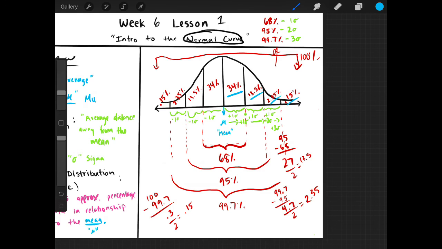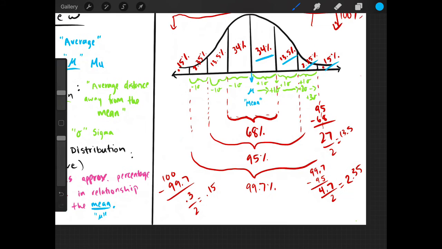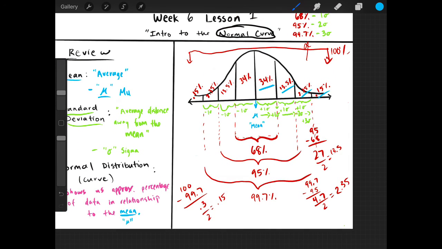The last thing I want to say here: to check, we can check a normal curve to make sure we have the percentages right by adding up all of those percentages. If I add up all those percentages that I just underlined, that's 1/2 of our curve. So it should add up to be 50%. So if we just punch into our calculator, 34 plus 13.5 plus 2.35 plus 0.15, that should give us 50.